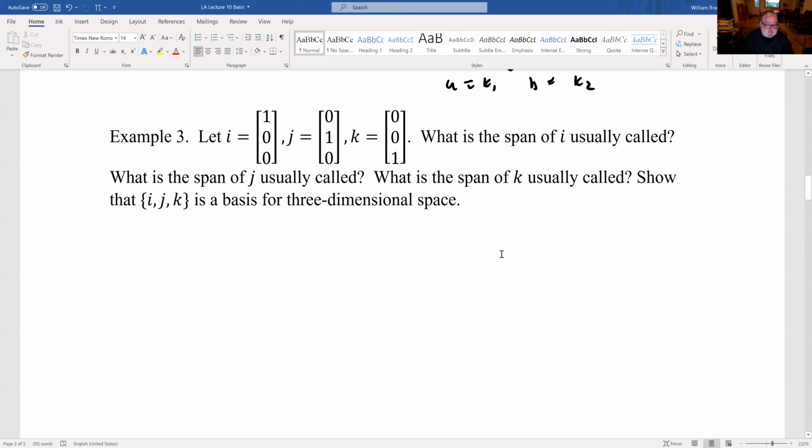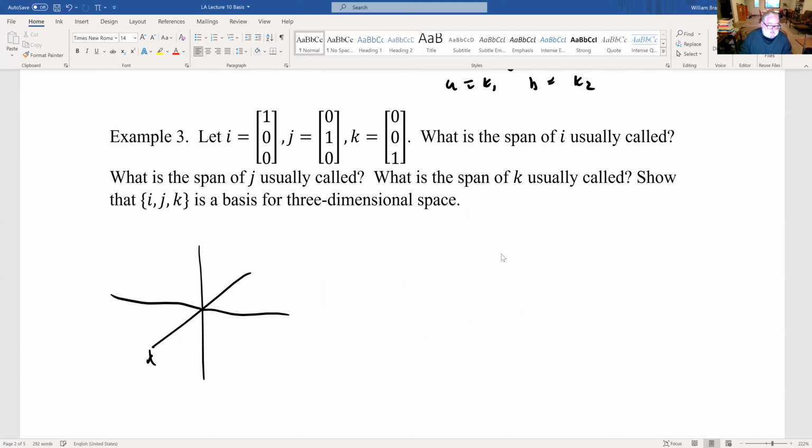And in three dimensions, which would be badly drawn, here's my x-axis, my y-axis, my z-axis. i points along the x-axis, j points along the y-axis, and k points along the z-axis.